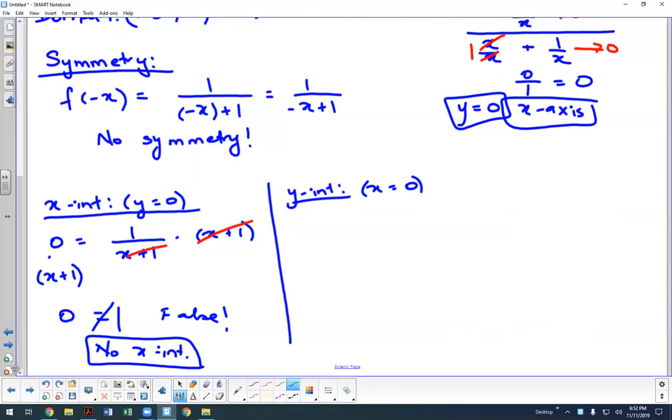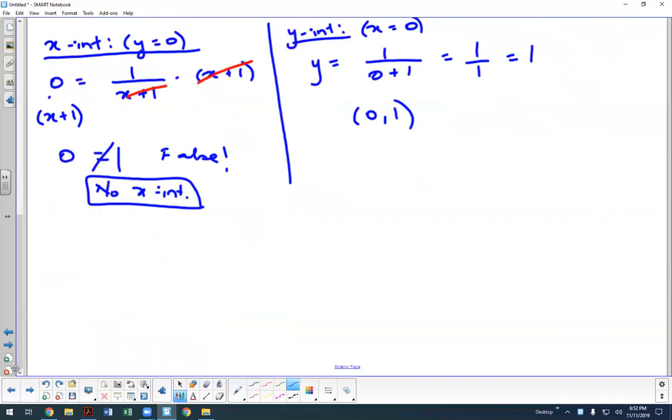Now, if I make my x 0, we should have a y-intercept at 0, 1, which is the same y-intercept you should have gotten if you did the other function also. So like I said, it shouldn't matter. The only thing is we exclude the x-intercept if you did it with the other function because that's where our domain is undefined.